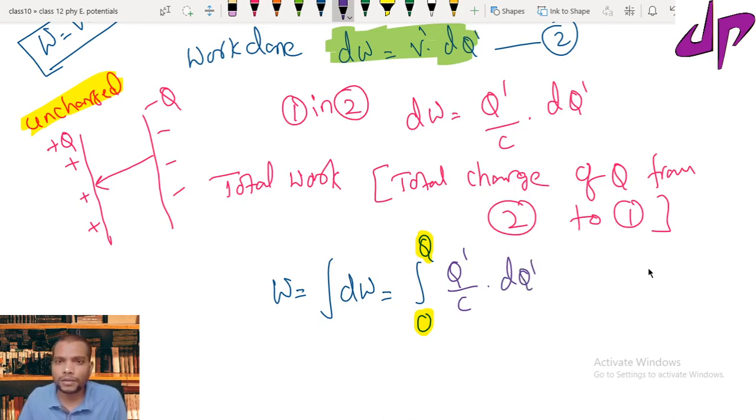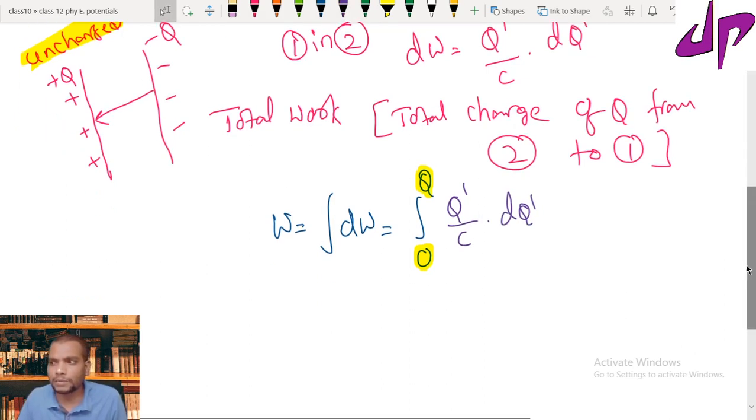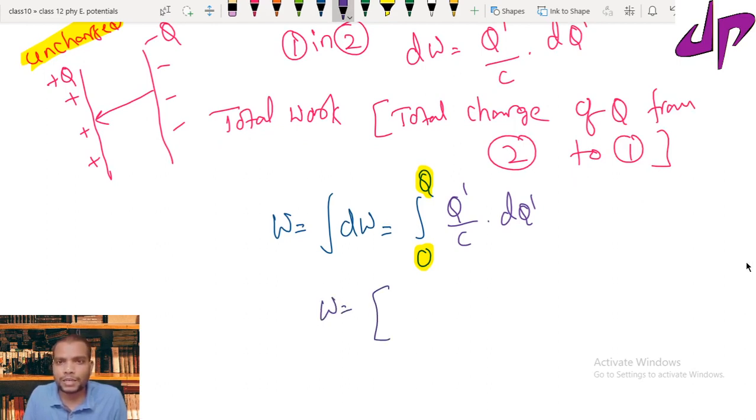Now if we do the integration and substitute the limits, work done equals the integral of Q' dQ', just like the integral of x dx, whose formula is x square by 2.